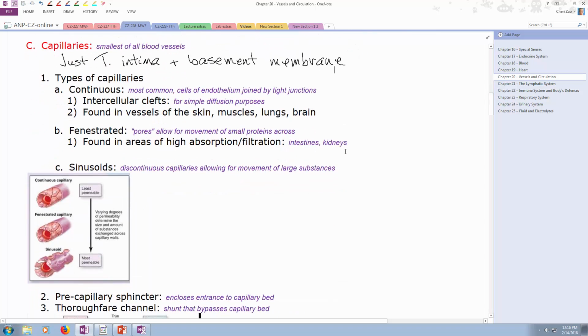We have the continuous capillary, which is the most abundant type of capillary we have. We have the fenestrated capillary, which means pores or windows. And then we have sinusoidal capillaries, which are actually kind of discontinuous and look very holey and would allow a lot of things through, which is actually what they are designed for.